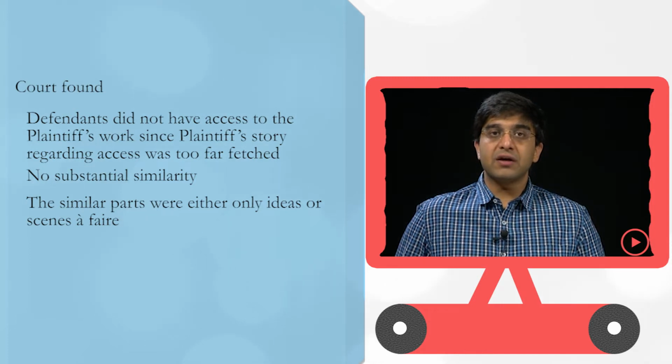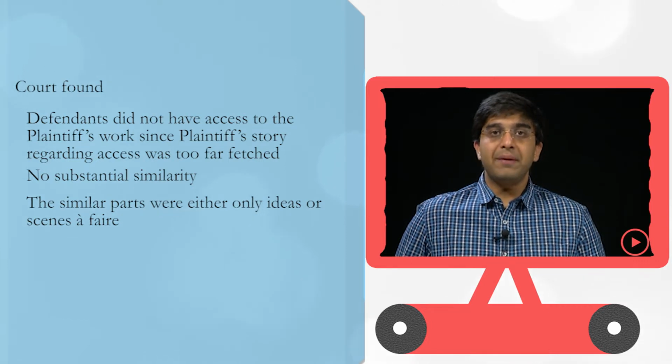both the plaintiff's work and the defendant's work had some similarities, these similarities could be traced back to other pre-existing works relating to magicians, involved twin brothers, and were stories of revenge.